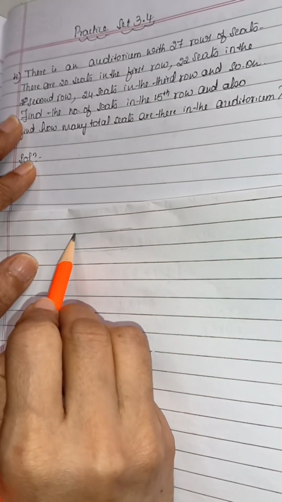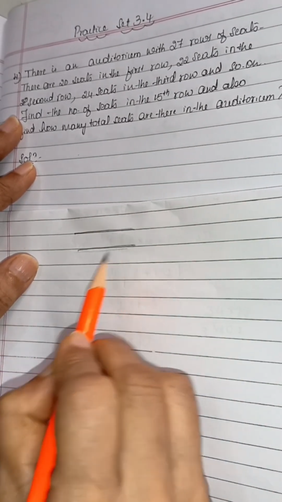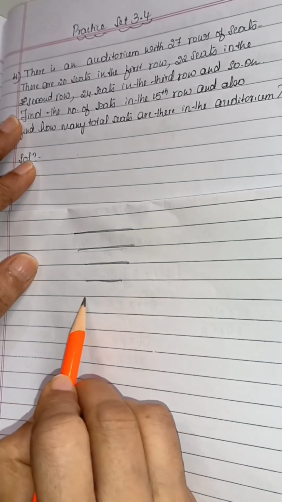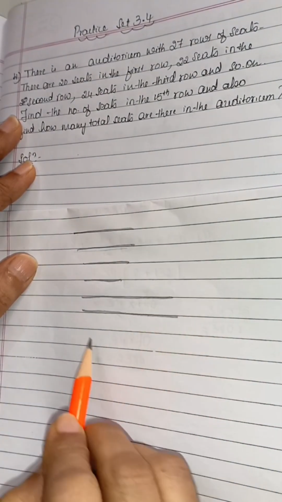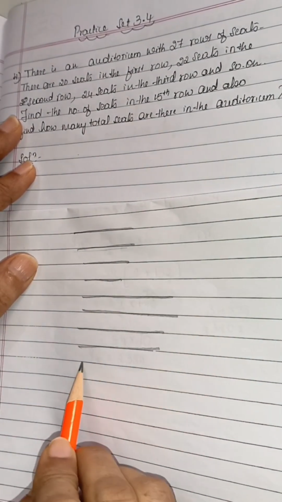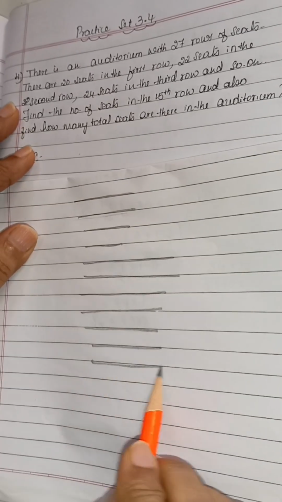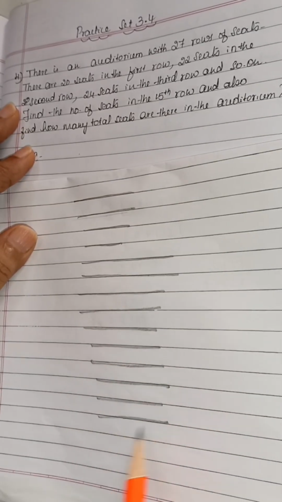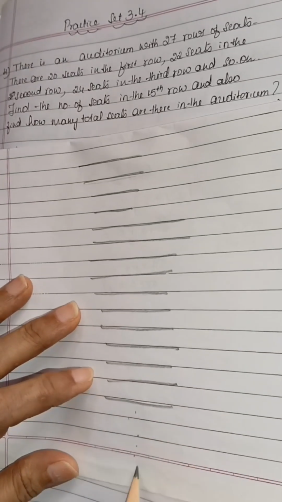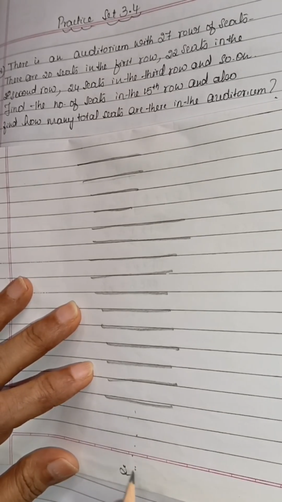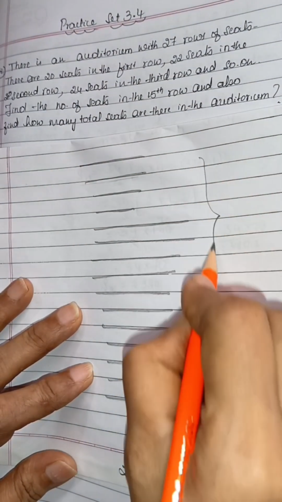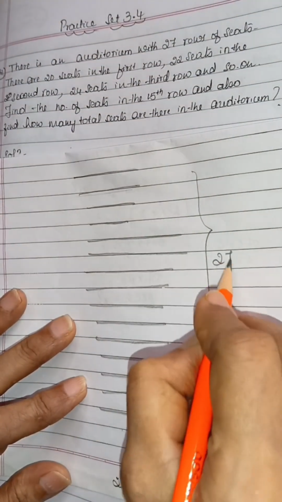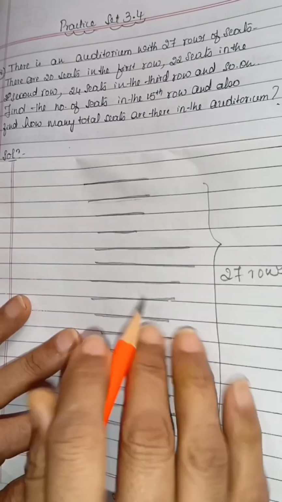So there are 27 rows: 1, 2, 3, 4, 5, 6, 7, 8, 9, 10, 11, 12, 13, 14, 15, and so on, 27 rows in the auditorium.